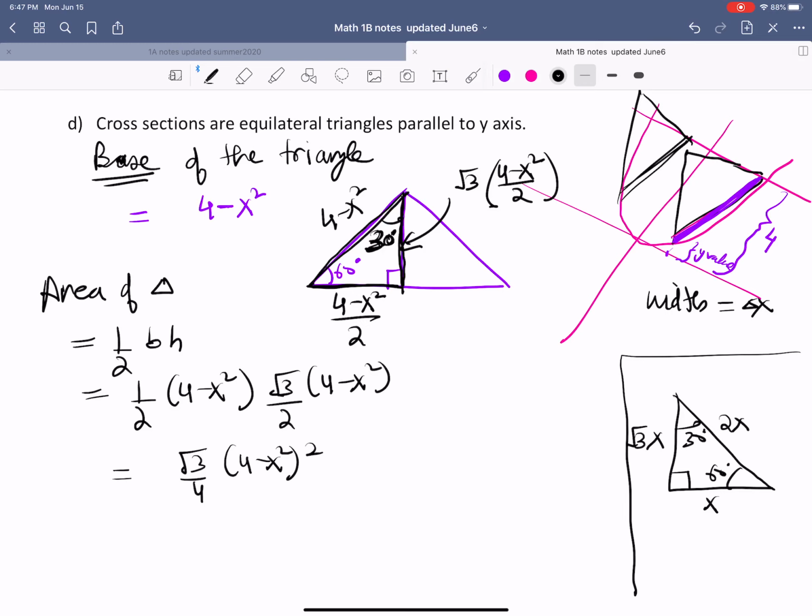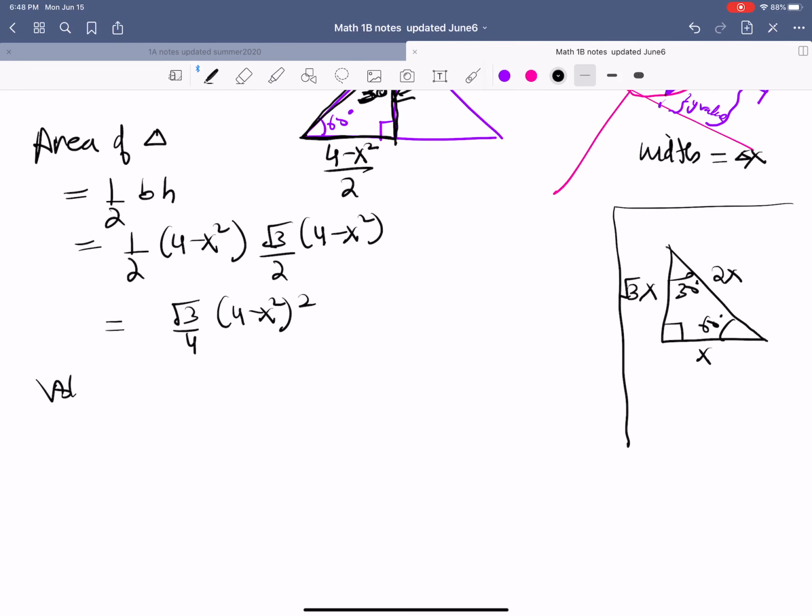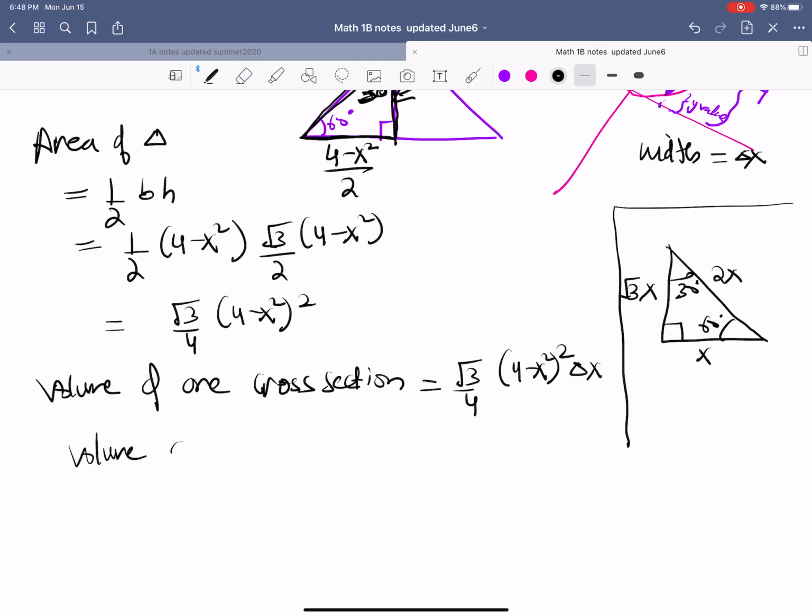Now we're going to find the volume of one slice, volume of one cross section. Okay, so the volume of one cross section would be actually just the area of one cross section times delta x, and the volume of the solid.